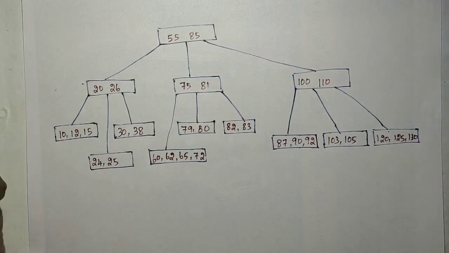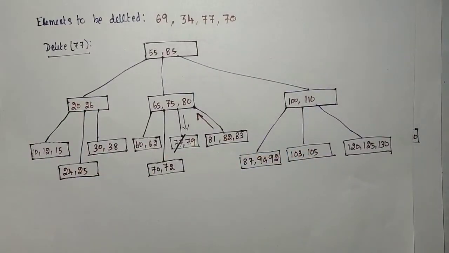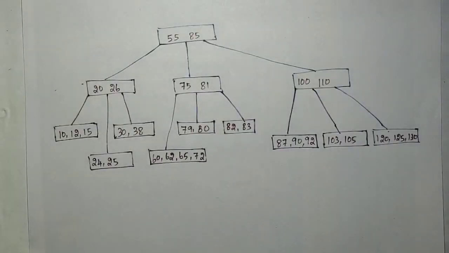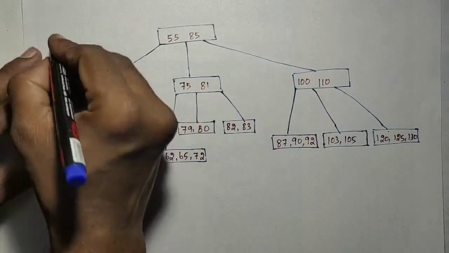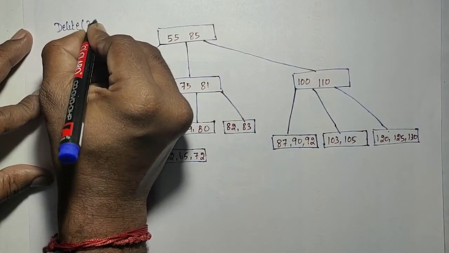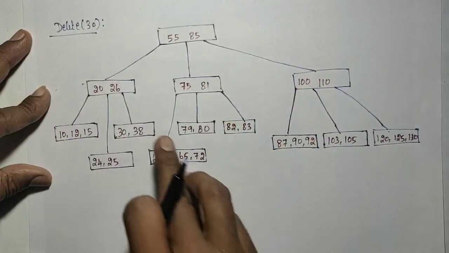Then next we are going to delete 30. Okay, the next element to be deleted is 30, after the 70. Here the operation: 30, where it is.